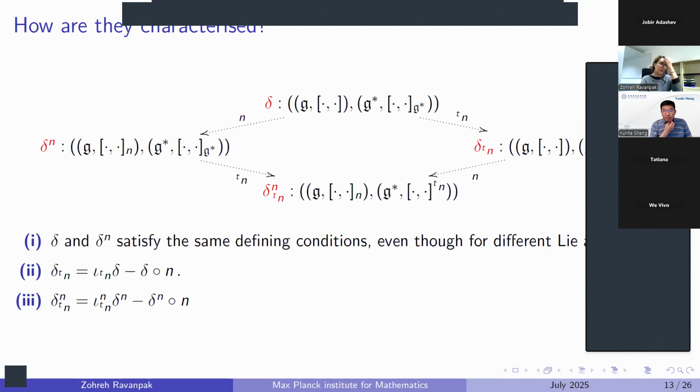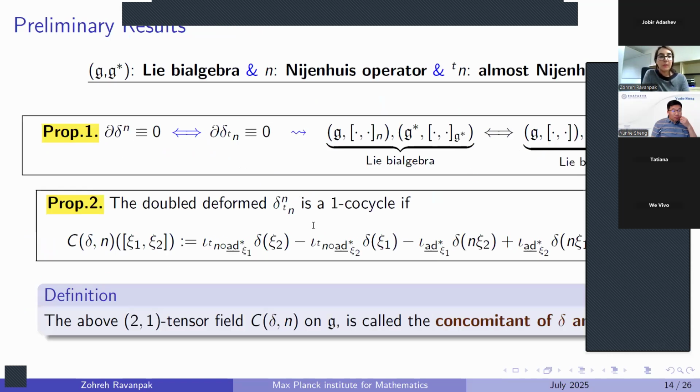Now our aim is to have this picture, where these three deformations define new Lie bialgebras. We proved that the left-hand side defines a Lie bialgebra if and only if the right-hand side defines a Lie bialgebra. So this is the initial result we have.